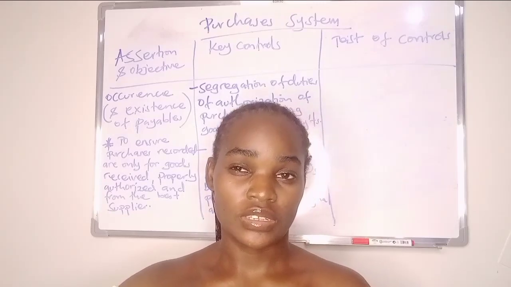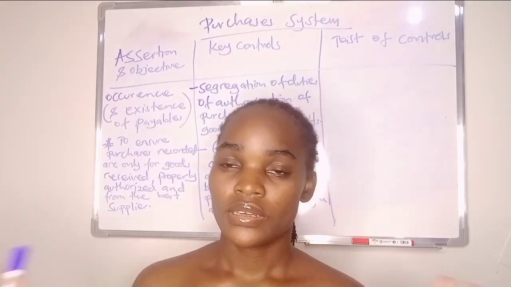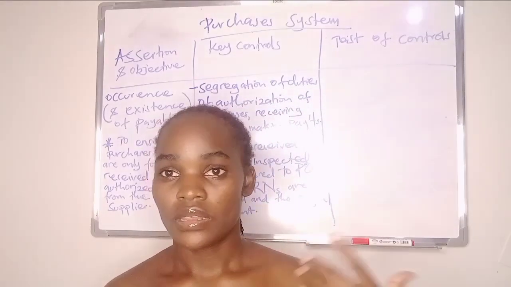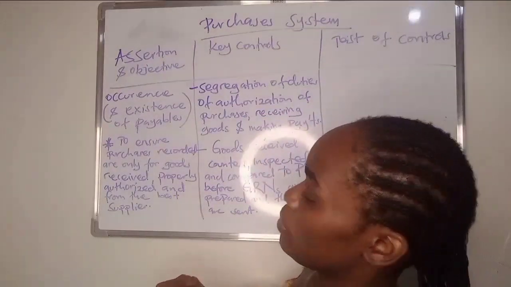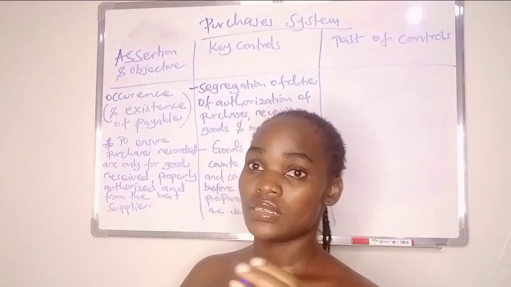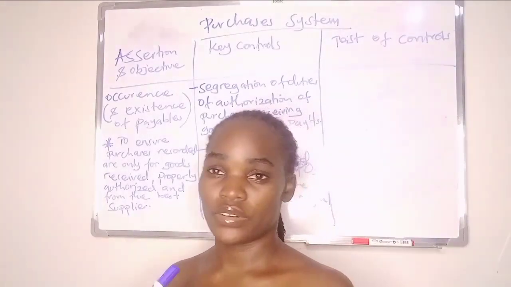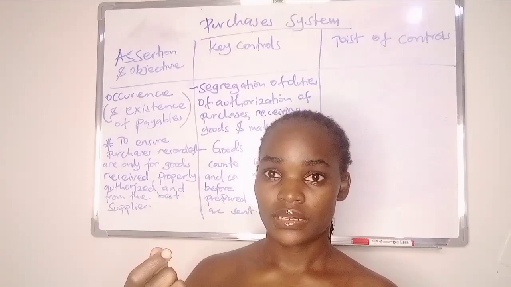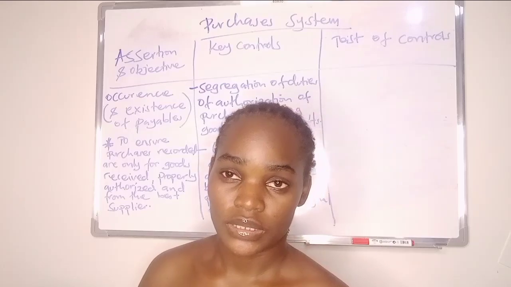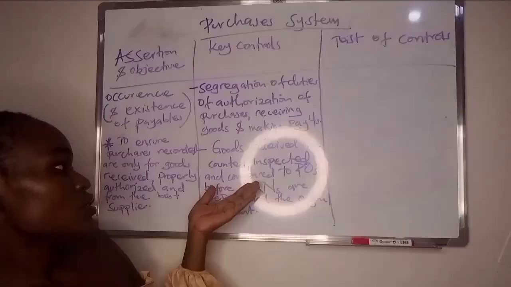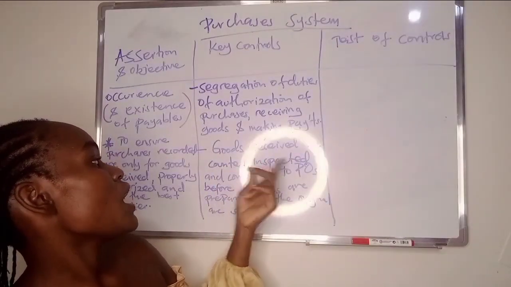In the purchases system, management has to separate the duties and make sure that the person that authorizes purchases is different from the person that receives the goods, and different from the person that makes the payments. So there will be segregation of duties.